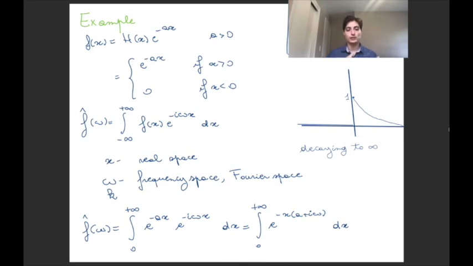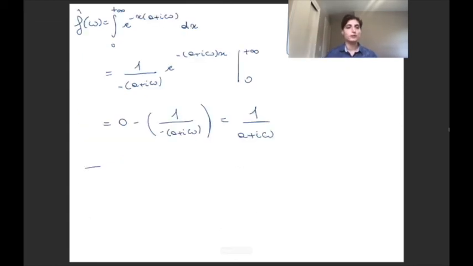We only have to compute the integral from 0 to plus infinity of the product of two exponentials. The product of two exponentials is the exponential of the sum of the two exponents, so we have x appearing just once in one of the exponents. So we remember how the integral of exponentials works, and our f hat is 1 over a, that is the rescaling of our exponential, plus i omega.